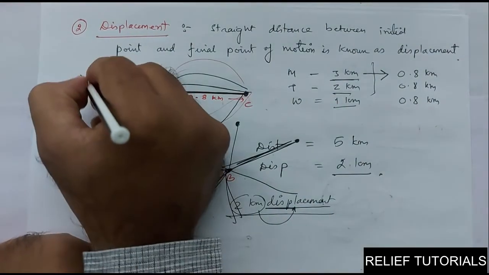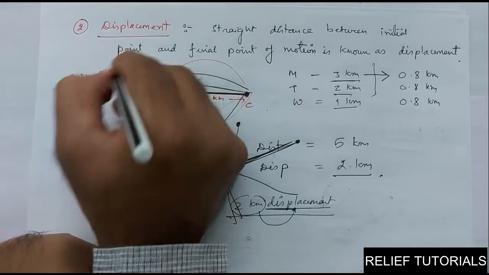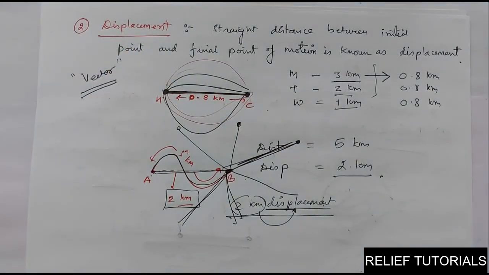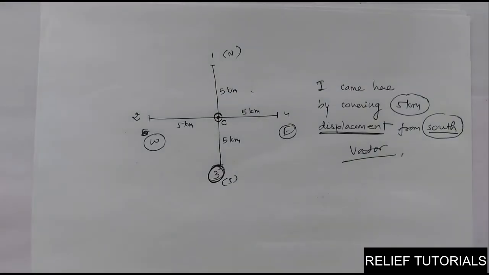Now displacement is a vector quantity because displacement requires direction for the complete sense also. Let us take some example and try to derive another definition of displacement as well as another formula also.